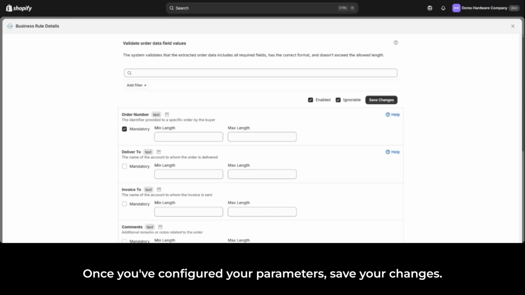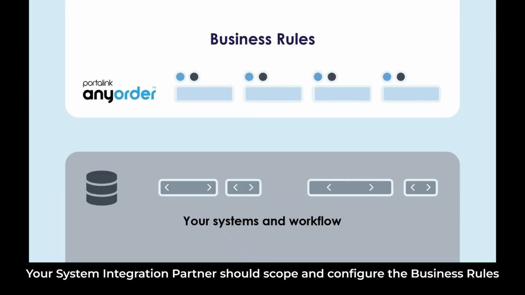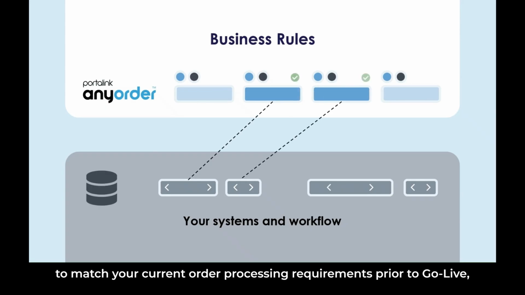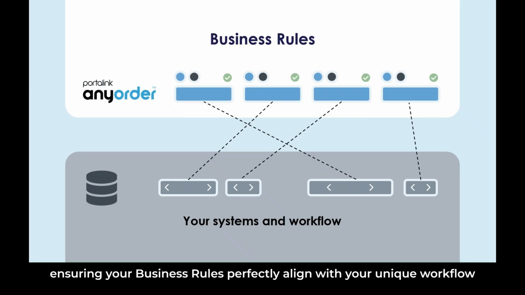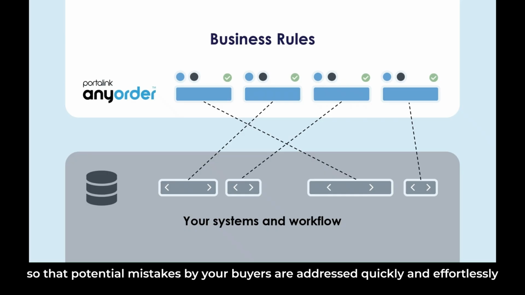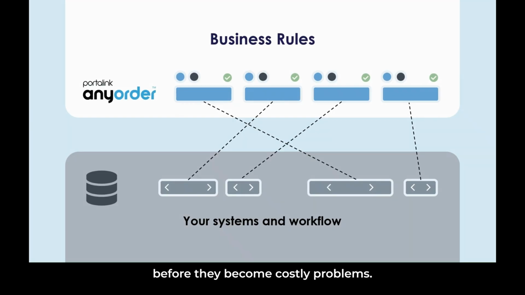Once you've configured your parameters, save your changes. Your system integration partner should scope and configure the business rules to match your current order processing requirements prior to go live, ensuring your business rules perfectly align with your unique workflow so that potential mistakes by your buyers are addressed quickly and effortlessly before they become costly problems.